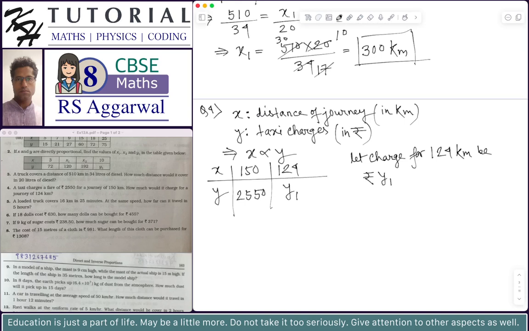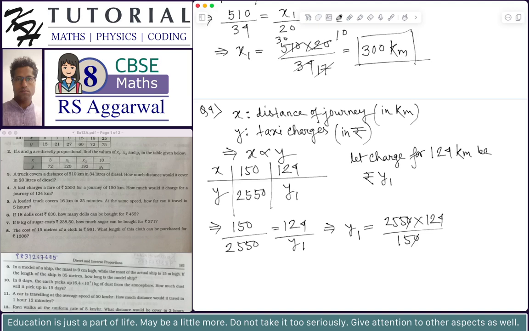Then we can add the corresponding values, 124 and y1, in the table. Now, applying the concept of quantities in direct variation, we know that the ratio of x and y for all the corresponding values will be equal. So we can say that 150 divided by 2550 is equal to 124 divided by y1. Now we can solve for y1 using cross multiplication, and we get y1 is equal to 2550 multiplied by 124 divided by 150.